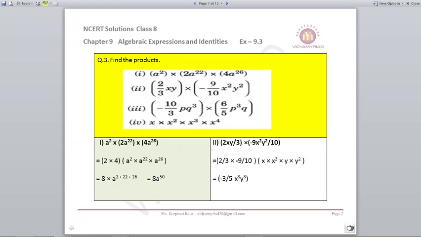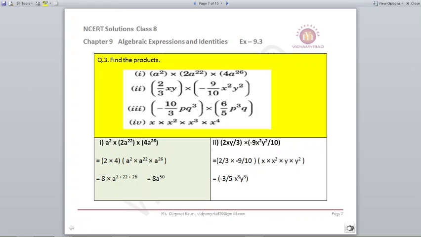So 2 multiplied by 4, we know will come 8. In the other bracket, it is a square multiplied by a raised to power 22 multiplied by a raised to power 26. Now we have same base, we are multiplying. The rule is add the powers. So the answer will become 8a raised to power 50.